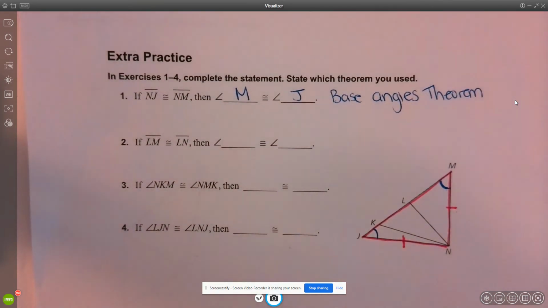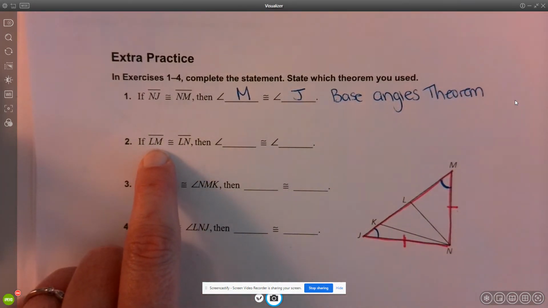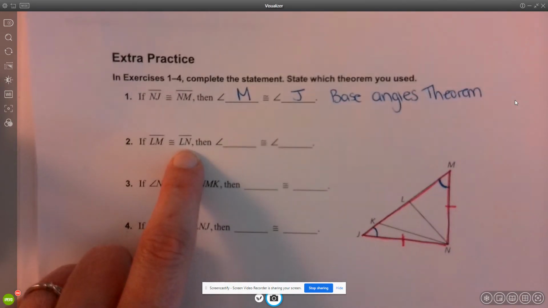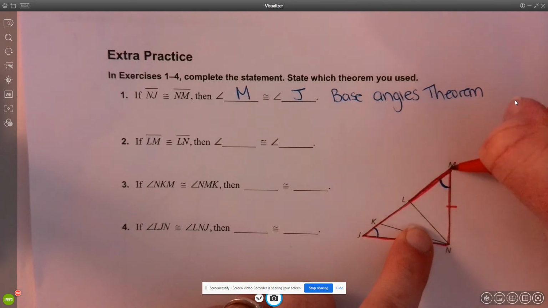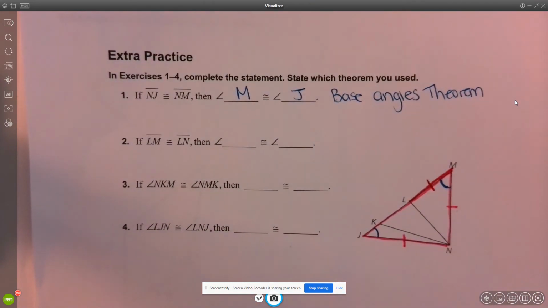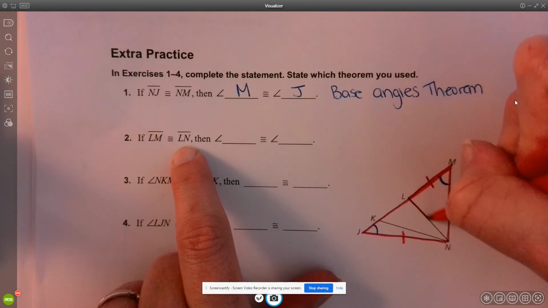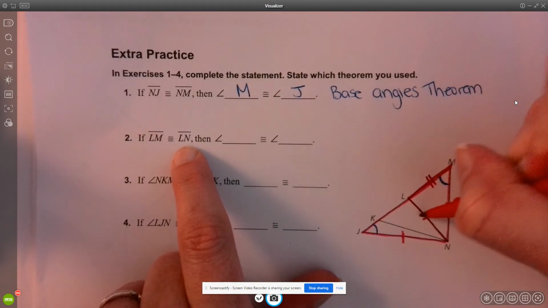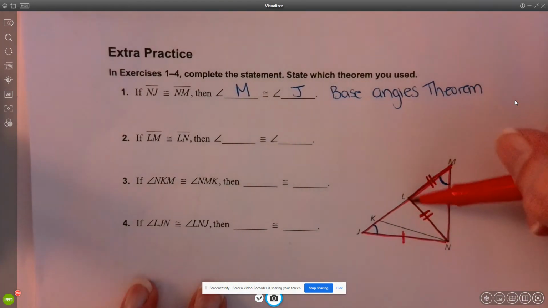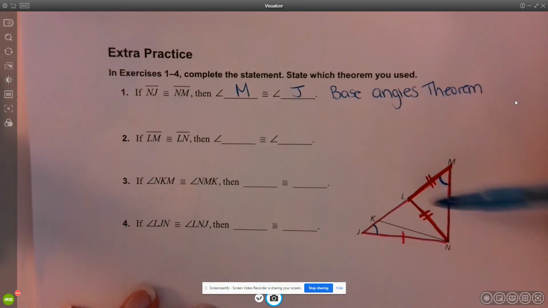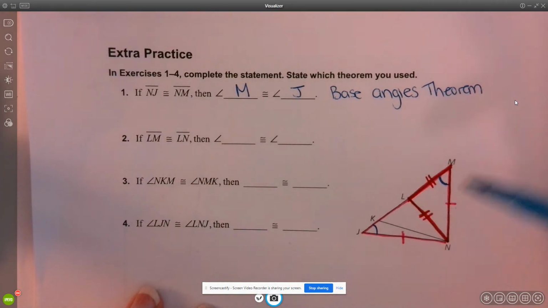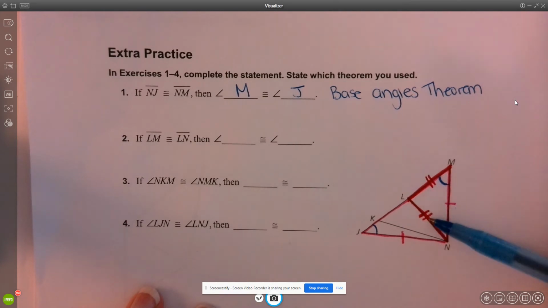Let's do another one. I'll use a different color this time. Okay. If line segment LM is congruent to line segment LN, okay, so LM is here, and line segment LN is here. I'm going to put 2 tick marks. So now I'm looking at this little triangle right here. If this red triangle is isosceles, I know that because these two sides are congruent.